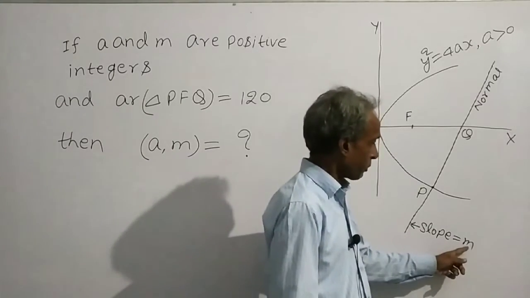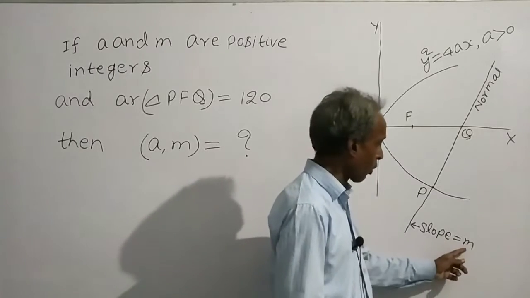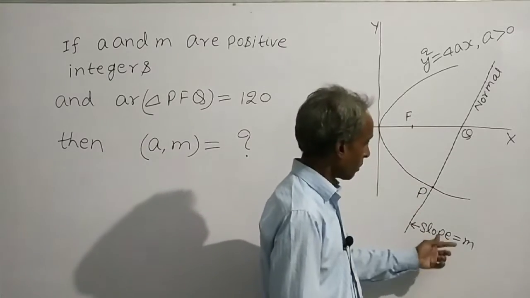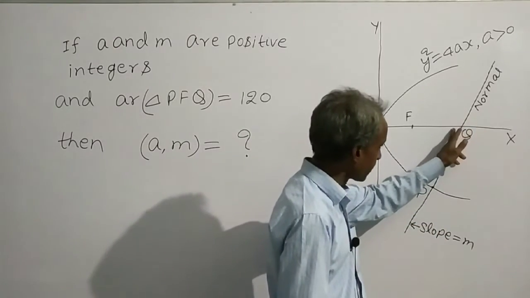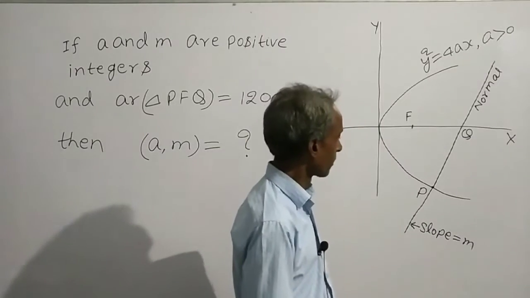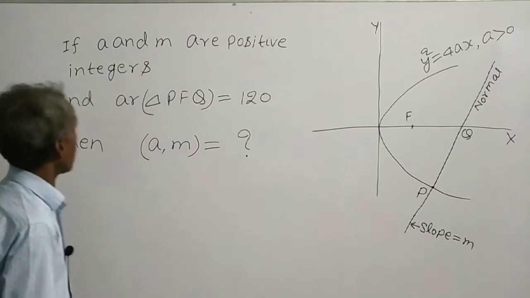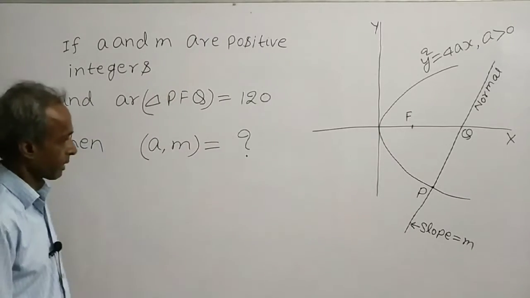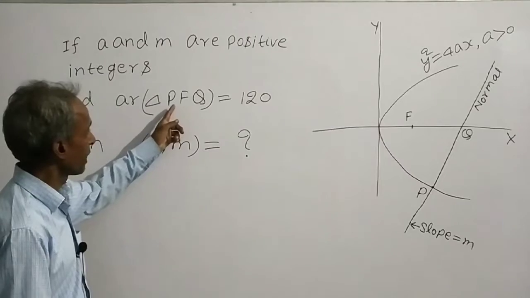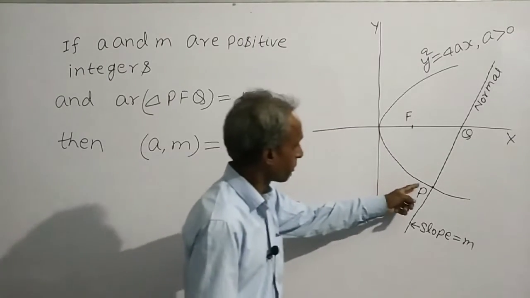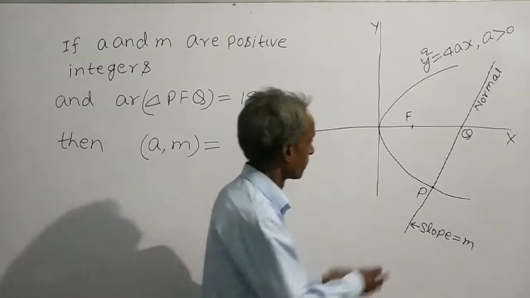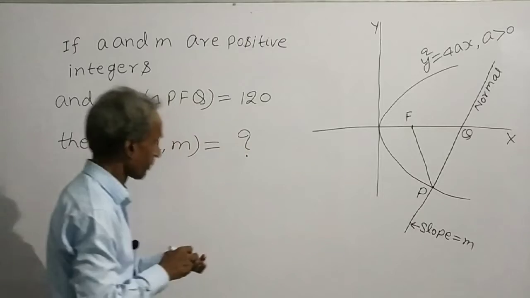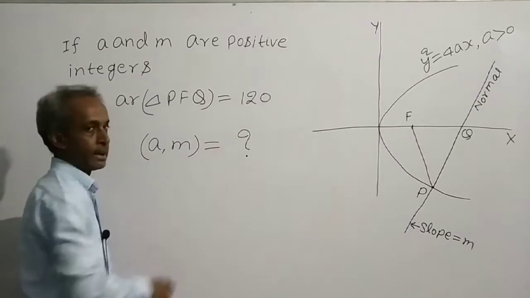A normal with slope m at point P intersects the x-axis at Q. a and m are both positive integers, and the area of triangle PFQ is 120.